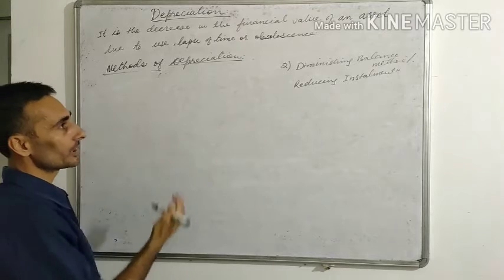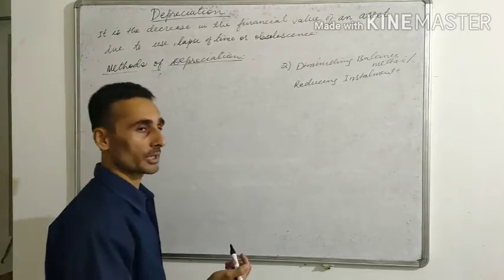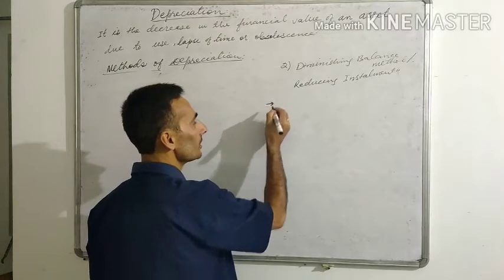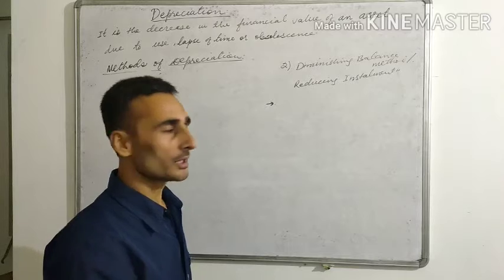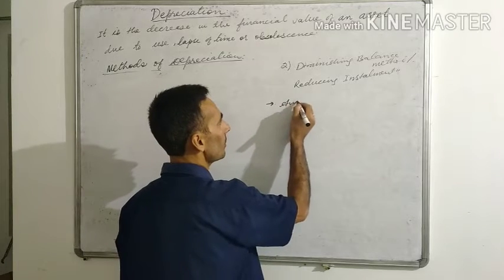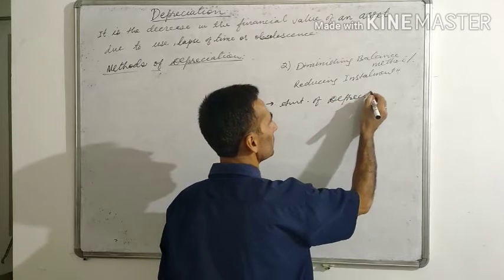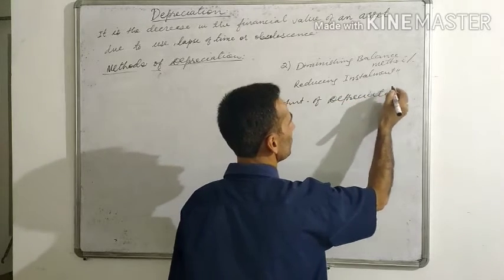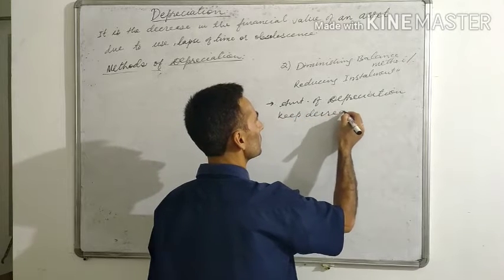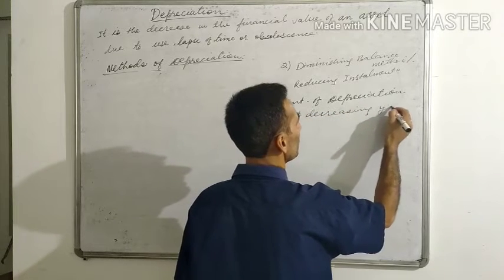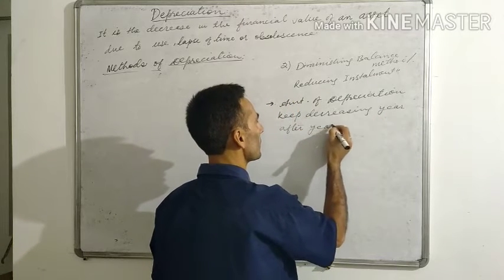Now we see the second method, that is diminishing balance method or reducing installment method. In this method, depreciation goes on decreasing year after year. So here the amount of depreciation keeps decreasing year after year.